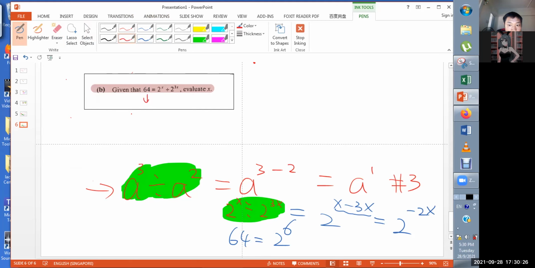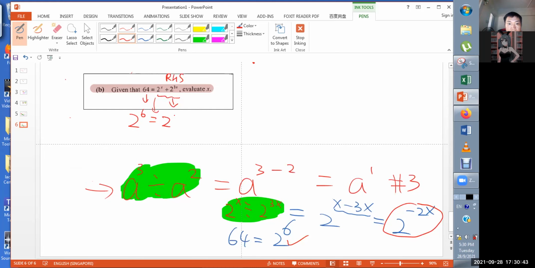I changed it to 2 to the power of 6. And then the equal sign. And the right hand side here, I already converted to 2 to the power of negative 2x. Does it make sense to you?